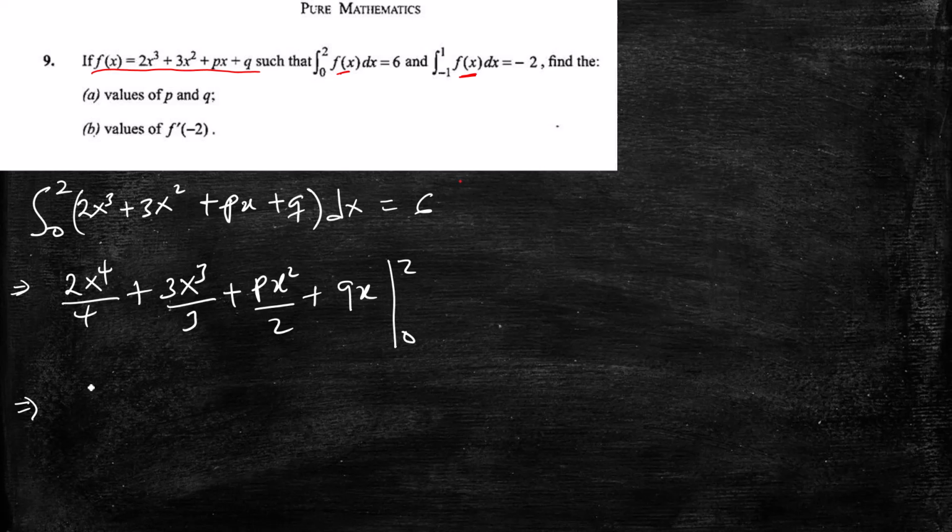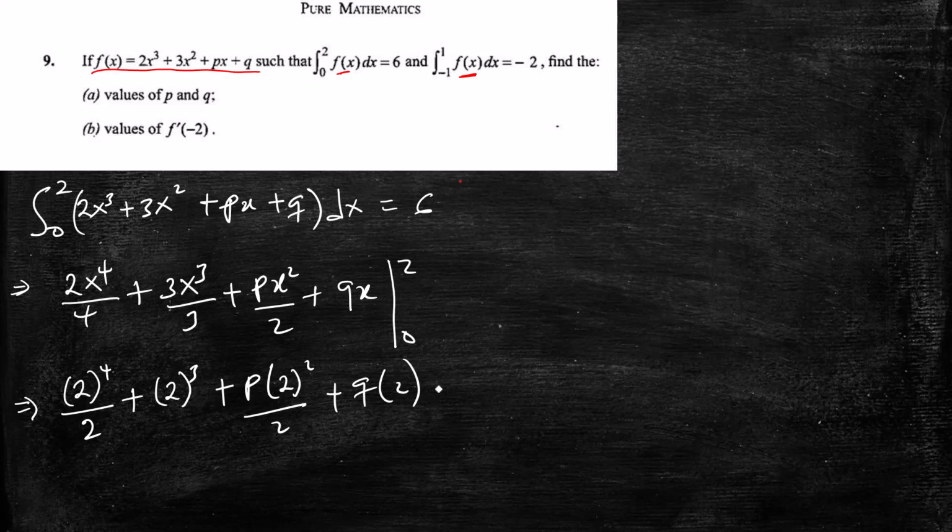So we have 2 to the power 4 over 2, because the 3 will cancel the 3, and this side will be 2 cubed, plus 4p over 2, plus 2q.